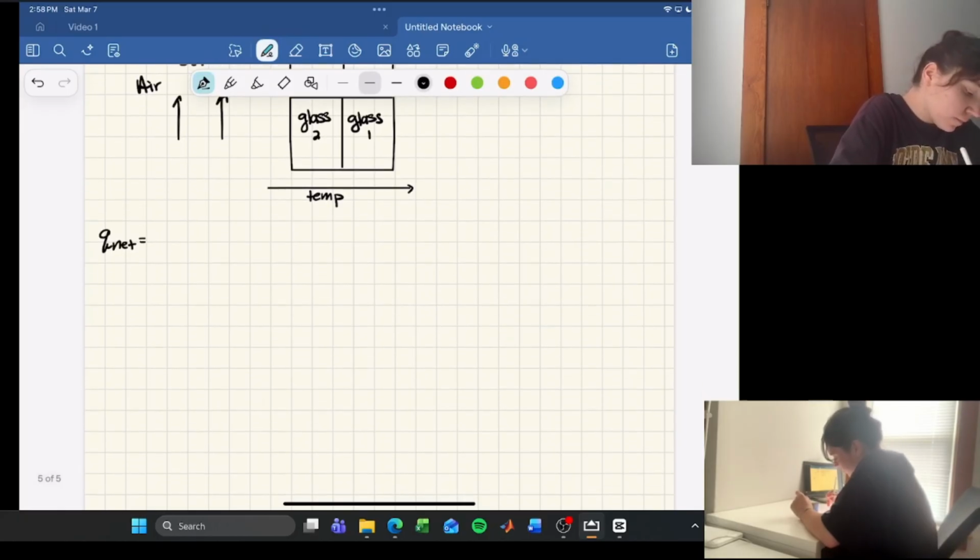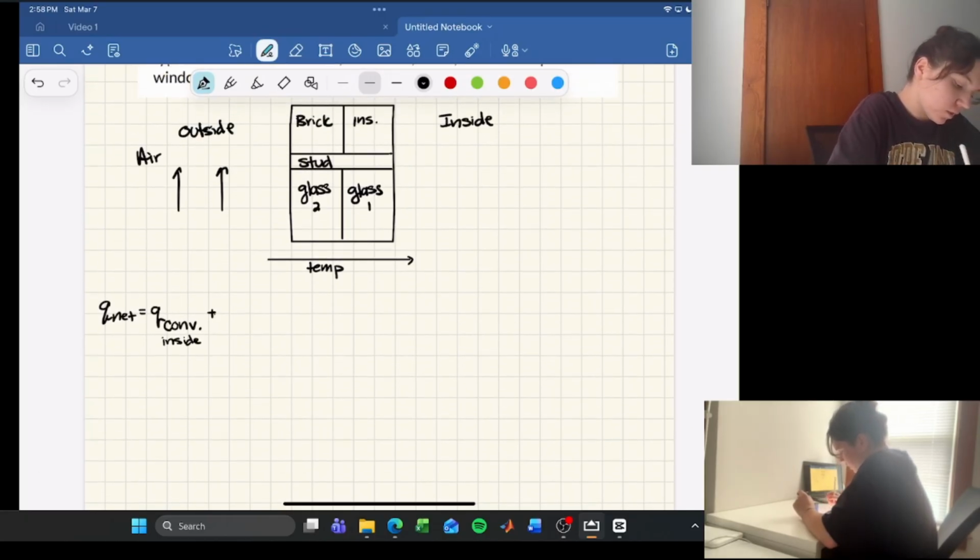This is going to be the heat flow by convection. And this would be an equal sign because it's all equal.